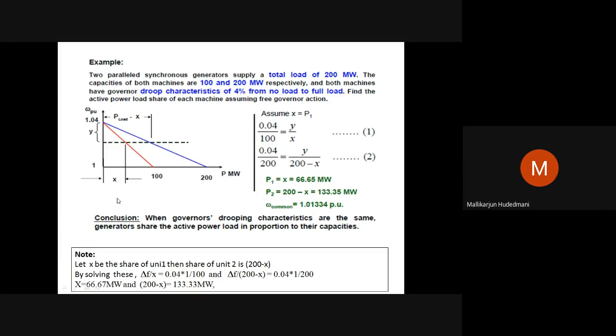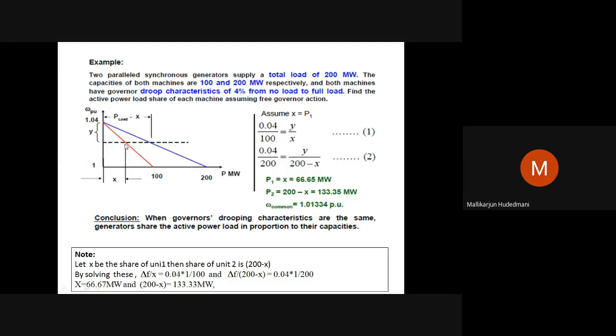Let us draw somewhere between 1.04 and 1 a dotted line which will intersect the red line at some point and the blue line at some point. It means this is the combined frequency, which I have drawn as a horizontal line.